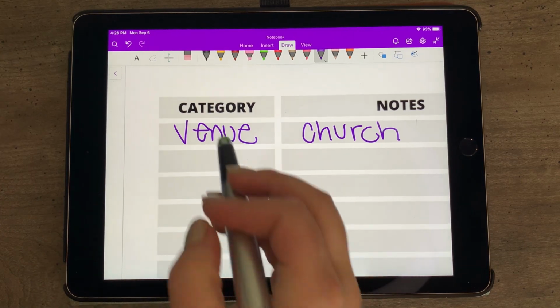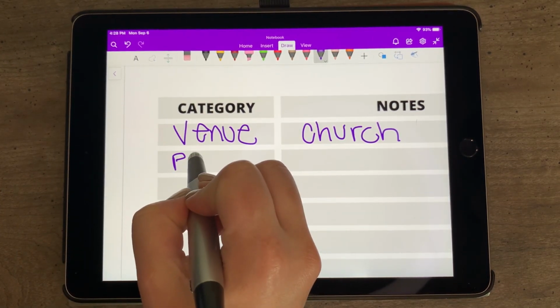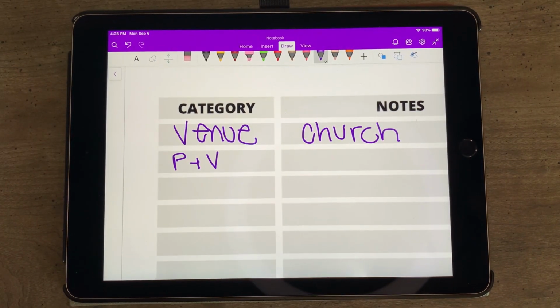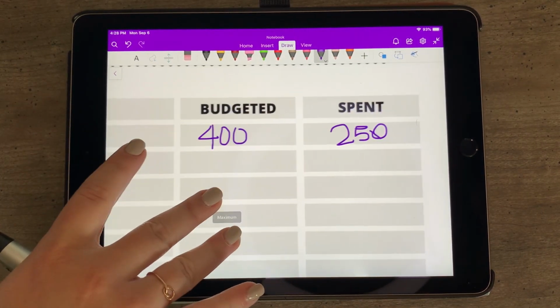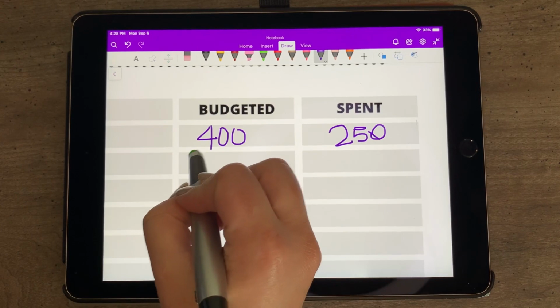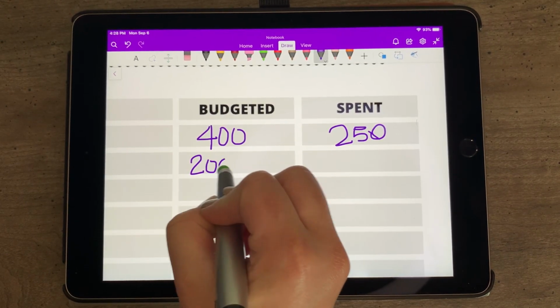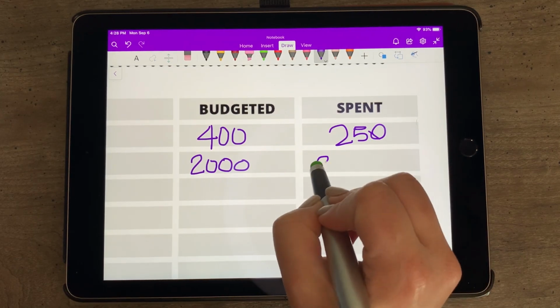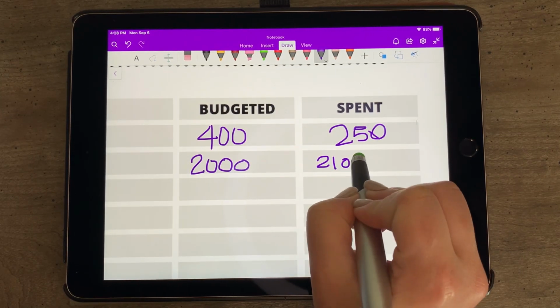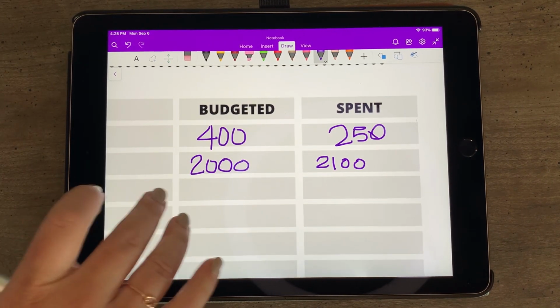Our next category, I'm going to put P and V. For all of you who have watched the other video, you know it's photo and video. I budgeted $2,000 for photos and videos, and I actually spent $2,100 on my photos and videos for my wedding.